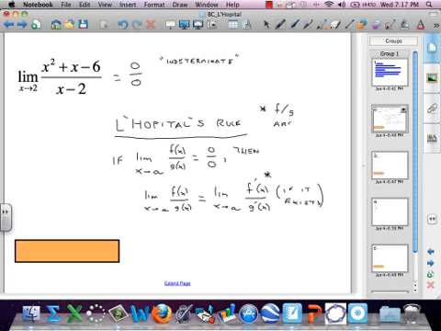But generally speaking, it's saying, hey, if you have an indeterminate limit, 0 over 0, then instead of going back to your algebra techniques that we had to do back in the fall, instead you can try this little trick here. Take the derivative of the numerator function, take the derivative of the denominator function, and then substitute in the value. If that limit comes out to be a number, that's the value of the original limit.